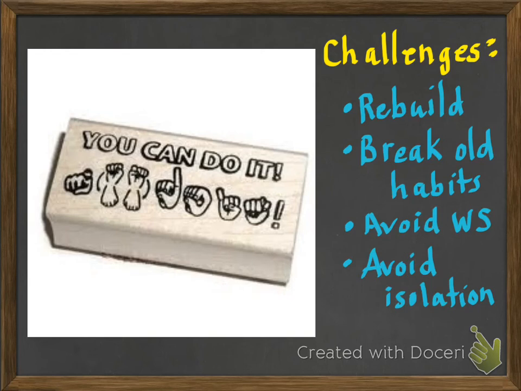I'm asking you to break old habits of teaching the worksheet, teaching the math page, and having students work in isolation. I'm asking you to avoid worksheets. I'm asking you to avoid isolating assignments and instead focus on the kind of learning that happens socially.